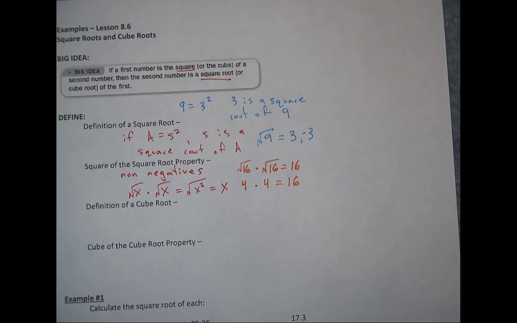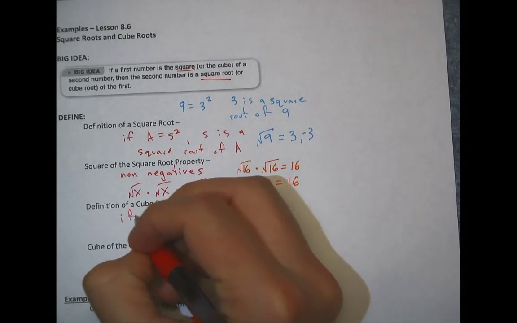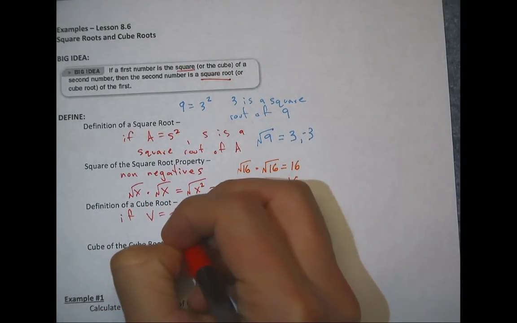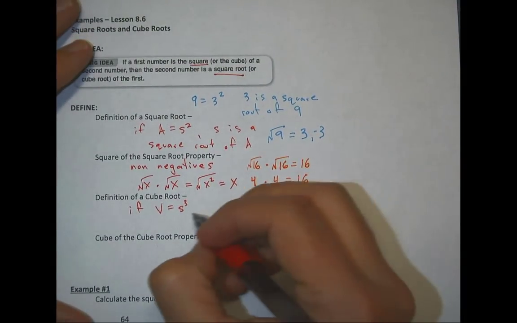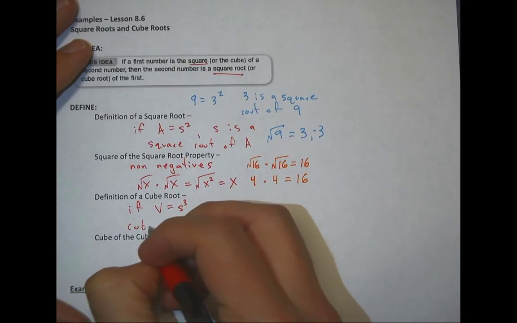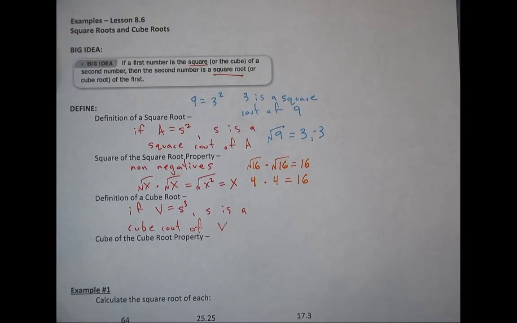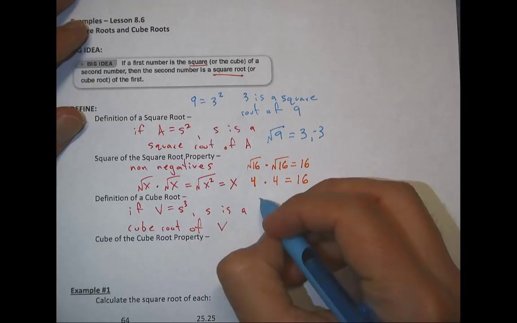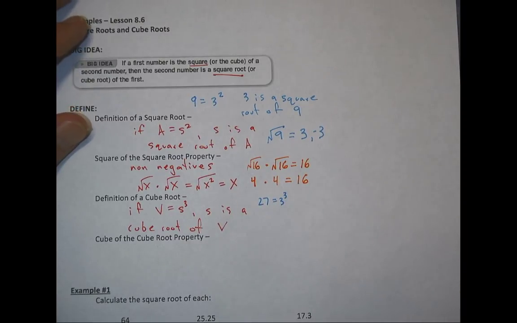All right, the definition of a cube root is very similar. If v equals s to the third, so now we're cubing something, same idea though, then s is a cube root of v. So for instance, 27 equals 3 to the third, 3 times 3 times 3.